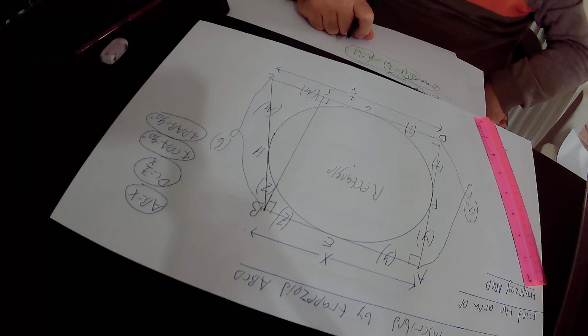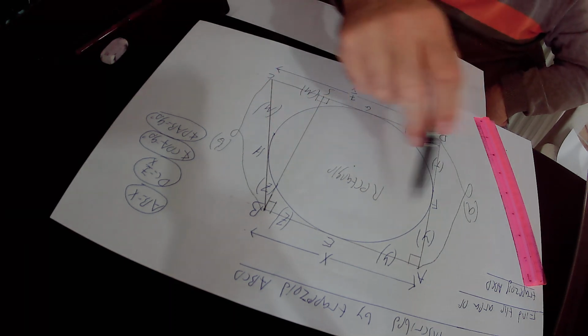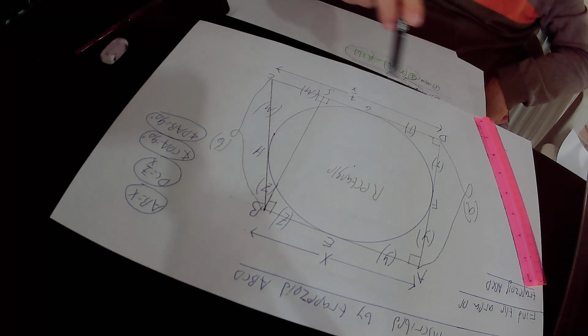We also know that the opposite sides of a rectangle are equal to each other. So in rectangle ABSD, side AB must be equal to the opposite side DS.